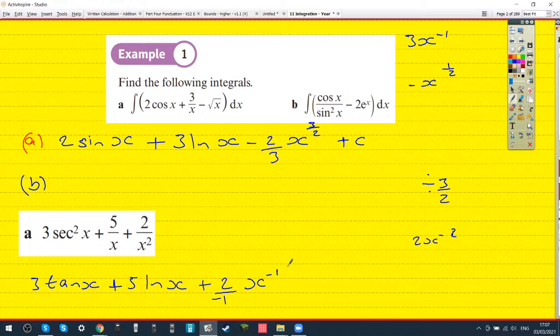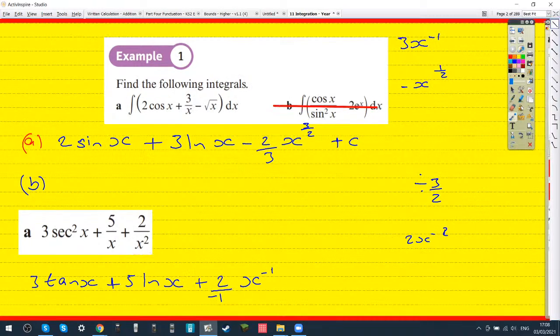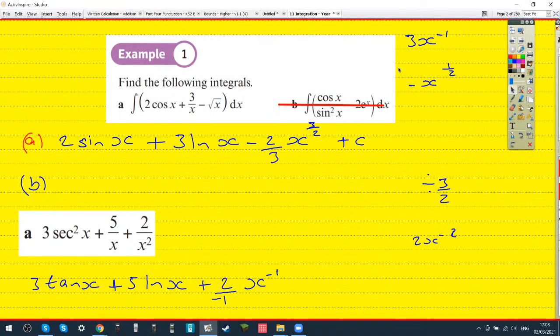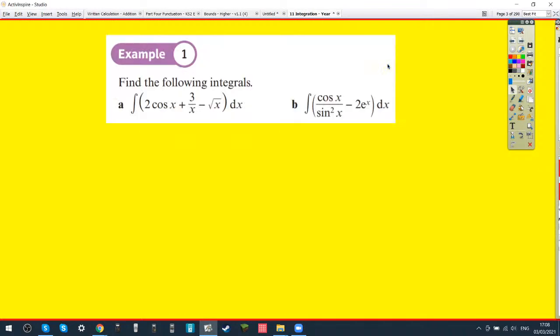Okay, let's try this next one. B. Do we have to get the sine squared x off of the bottom? Yeah, it would help to do that.